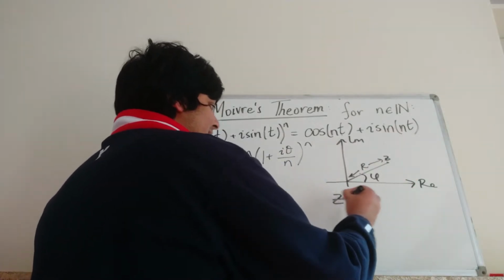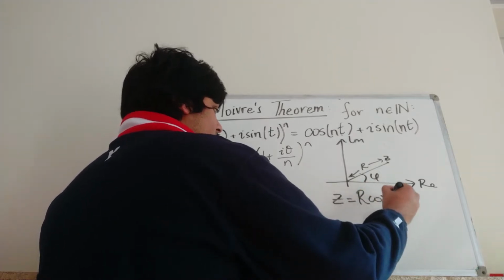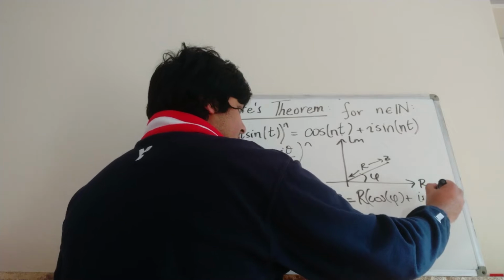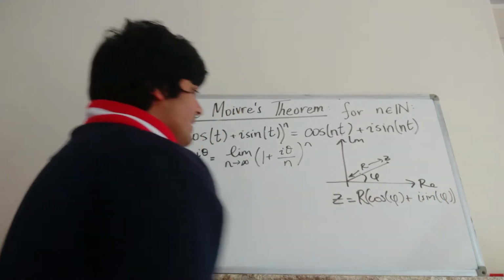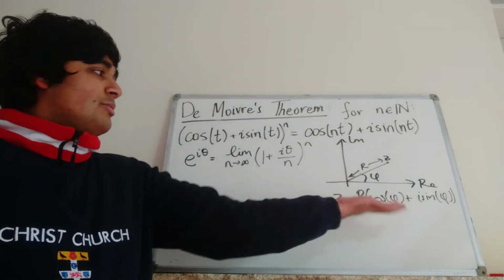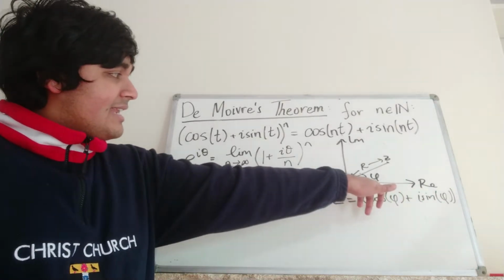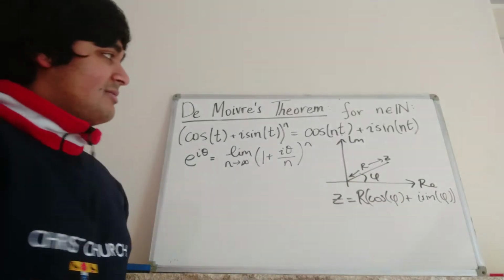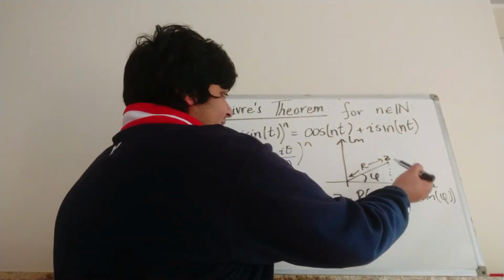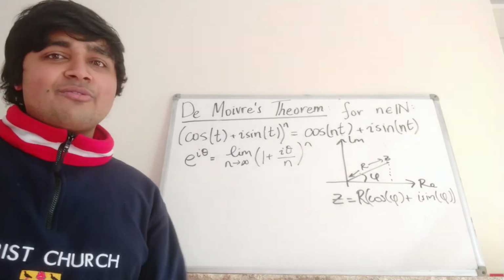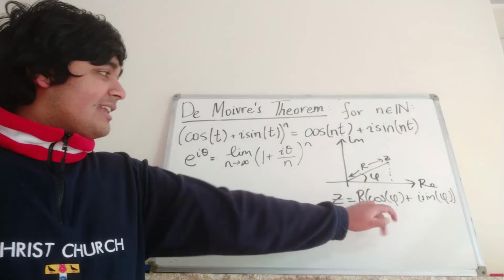Then we can write z is equal to r times cos phi plus i sine phi. This is almost by definition, but whenever you're introduced to complex numbers, you'll see this result, and it essentially just comes from basic trigonometry. The sine is opposite over hypotenuse, and cosine is adjacent over hypotenuse. So this is very standard, and I'm going to be using this.